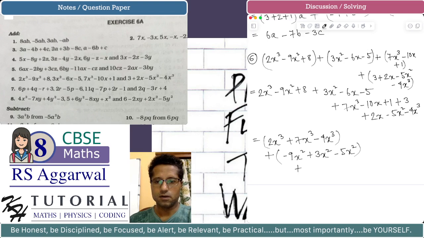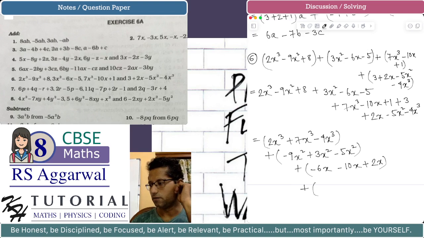Now let's group all the x terms: minus 6x minus 10x plus 2x. Finally we will add all the constant terms, that is, terms where there is only a numerical factor, and they are 8 minus 5 plus 1 plus 3.